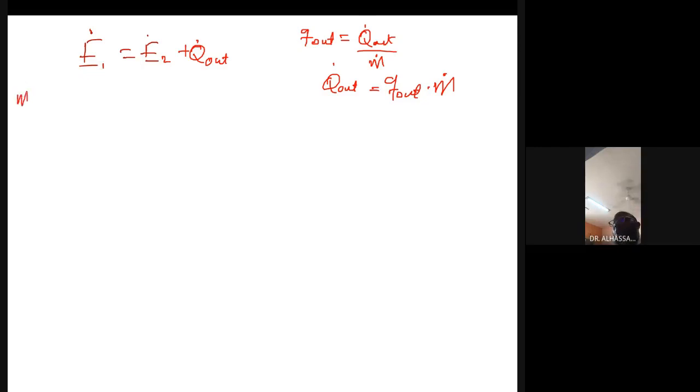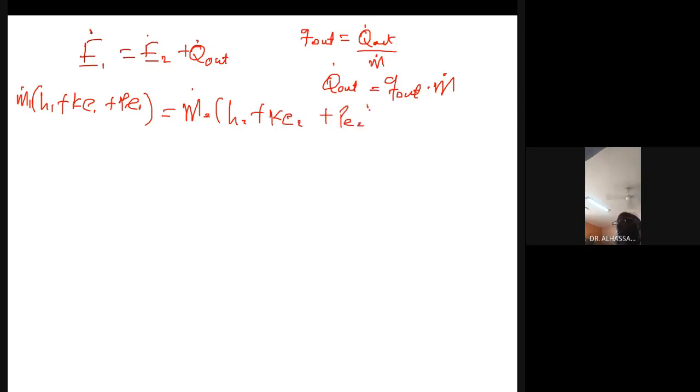This is given by M1 times the bracket H1 plus kinetic energy at the inlet plus potential energy at the inlet, and this should be equal to M2 times H2 plus kinetic energy plus potential energy, and then plus Q out times M. Now, at steady state condition, M1 equals M2 equals M. You understand me?